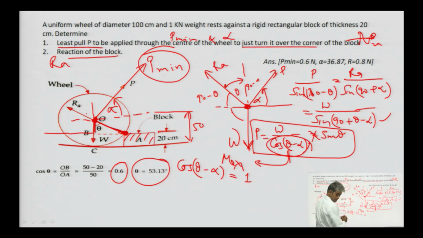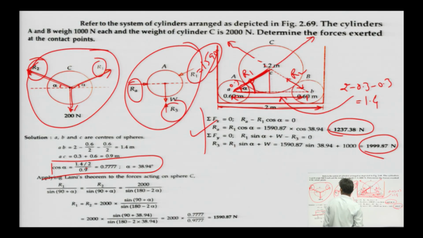Maximum value is 1 and it is 1 value will be at cos 0. Okay.